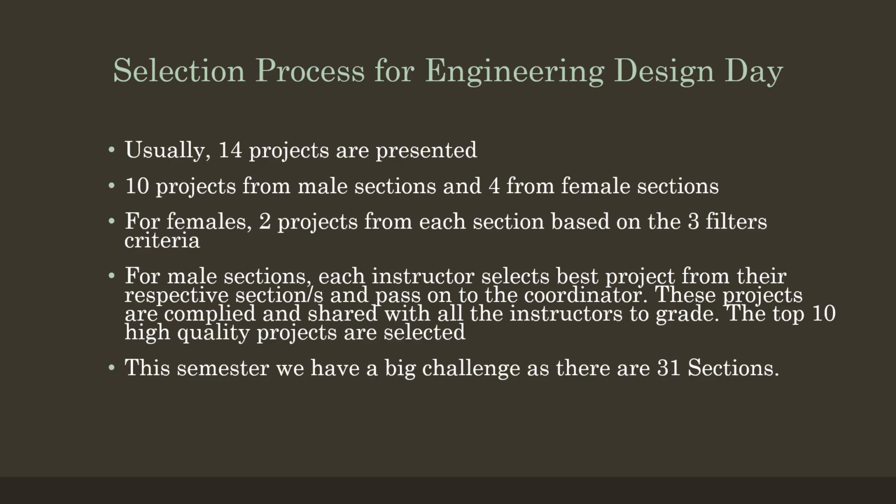Then these 20 projects are presented, where our members from GCU, General Course Unit, and also dignitaries and our professors, dean, vice dean, a lot of people come and have a look. Then there is another competition, where we usually select the top 3 projects from the male section and the top 2 or 3 from the female section.